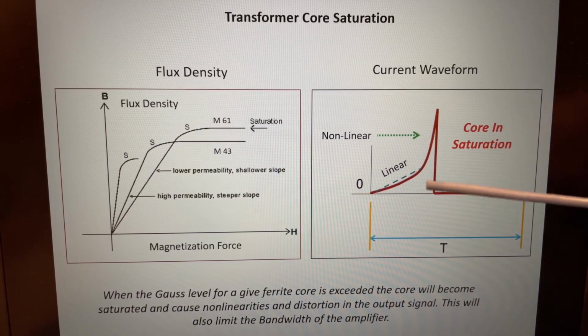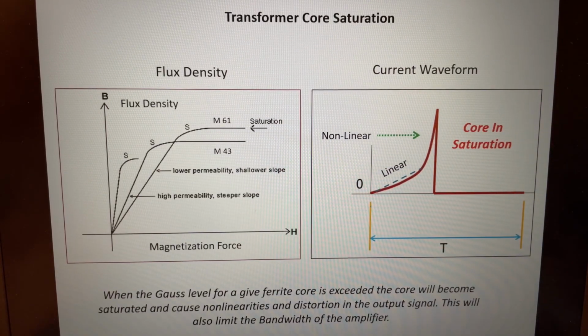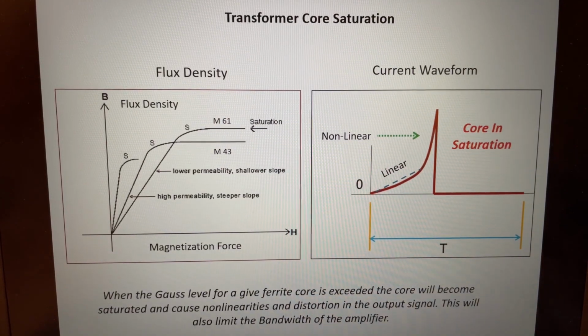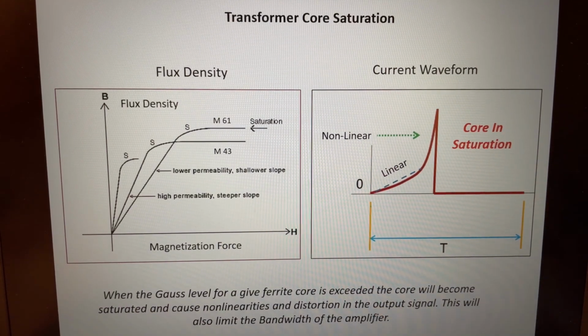You see that happens quickly, and that will result in nonlinearities and distortion in the output signal. It will also limit the bandwidth of the amplifier, and this produces harmonics and affects the IMD, the intermodulation distortion.